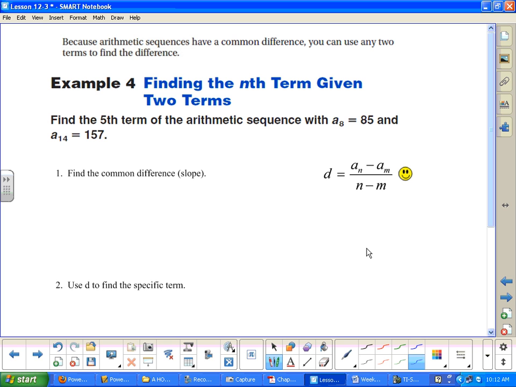If I call one of the terms a sub n and the other one a sub m, I can find the common difference by subtracting those values and dividing by the difference between those term numbers. The same thing works if we use the original formula: a sub 14 equals a sub 8 plus 14 minus 8 times d, which would be the same thing.